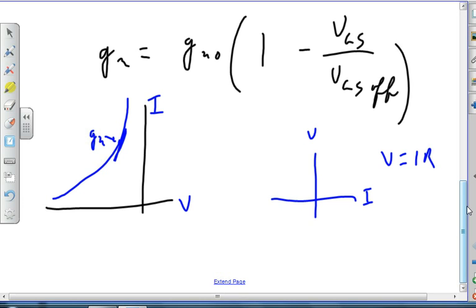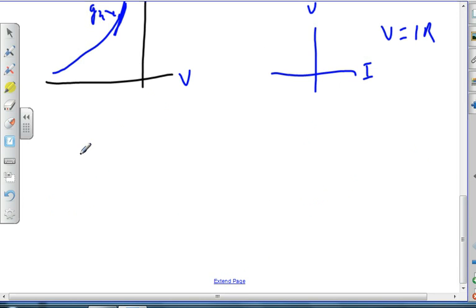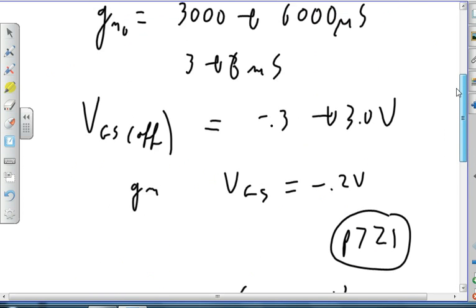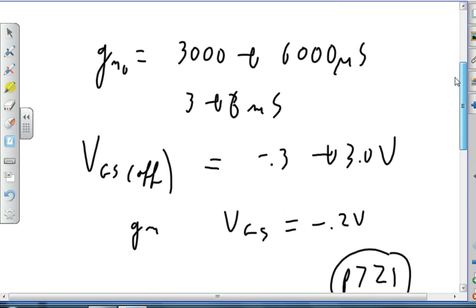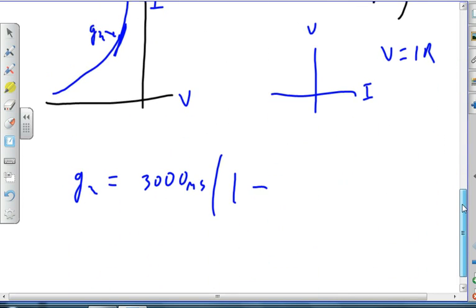Okay, so we'll find GM, and we'll go with 3,000 microsiemens times 1 minus, and GMO can go 3 to 6 millisiemens.